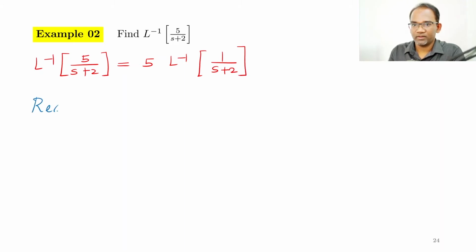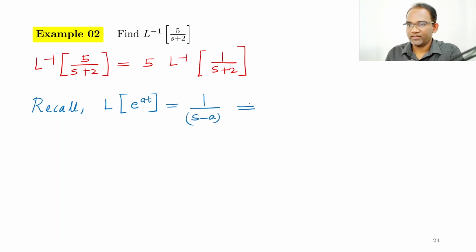Now recall that Laplace transform of e raised to at is 1 over s minus a. So this gives us Laplace transform of e raised to minus at as equal to 1 over s plus a.